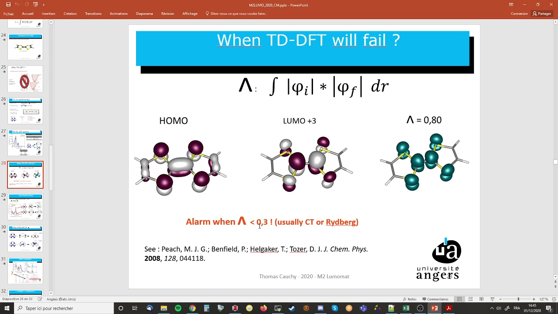And formally in DFT, you lose some predictive power of the DFT. Your error is increasing, and it's not a black or white value. That means that if you have 0.29 or if you have 0.33, you don't see something that is radically different. That means that if you go beyond 0.3, you will see an error. You should see the error increasing.